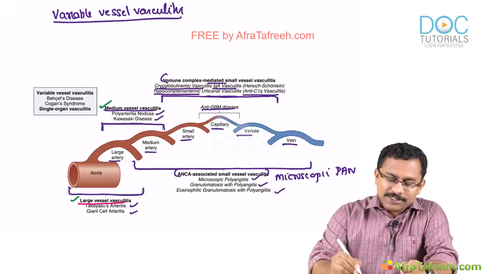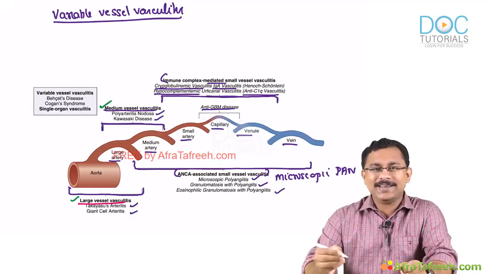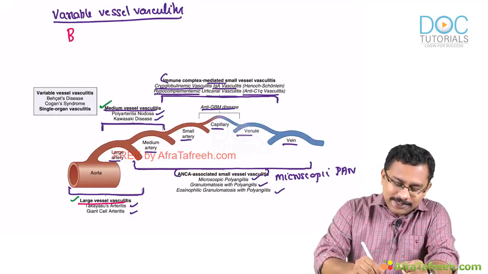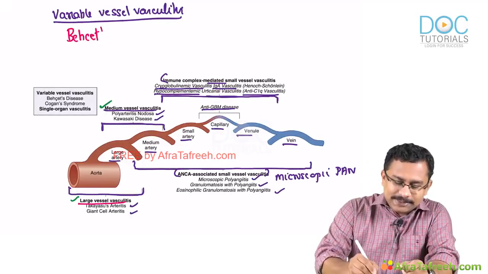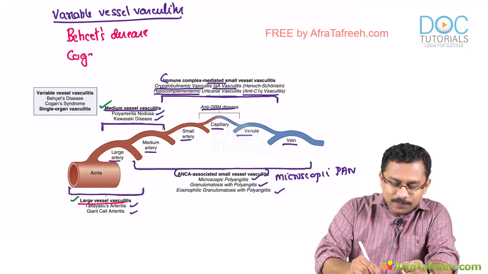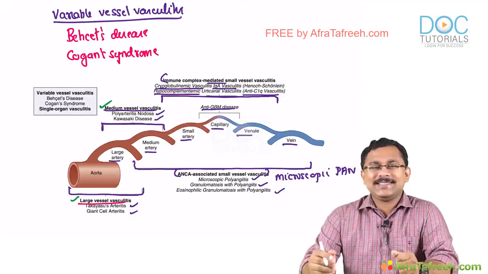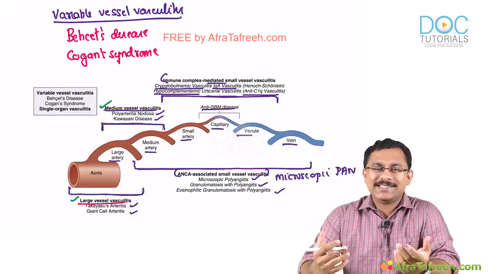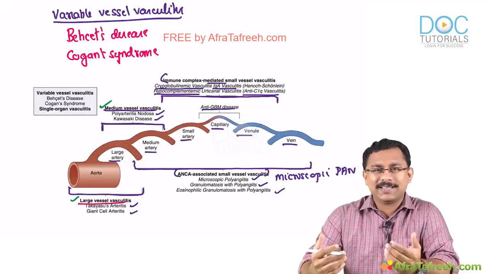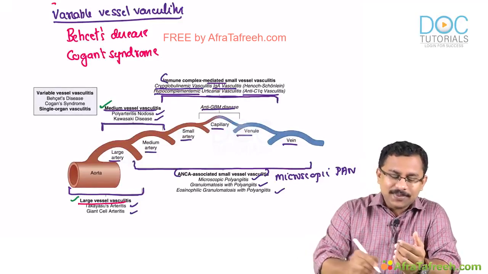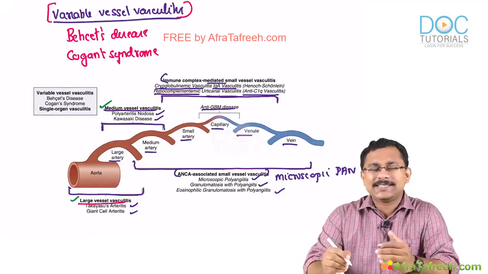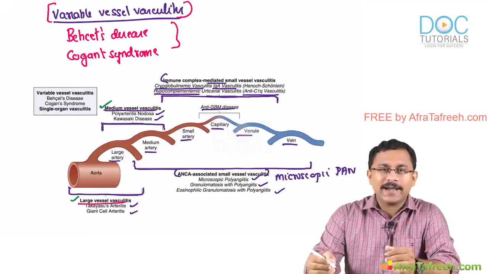And there are two disorders falling under the variable vessel vasculitis. One is Behçet's disease, and the second one is Cogan's syndrome. We will discuss that later. Behçet's disease and Cogan's syndrome. These are variable vessel vasculitis. So sometimes they can ask you a question on which of the following is a variable vessel vasculitis. So this term variable vessel vasculitis is reserved for Behçet's and Cogan's.